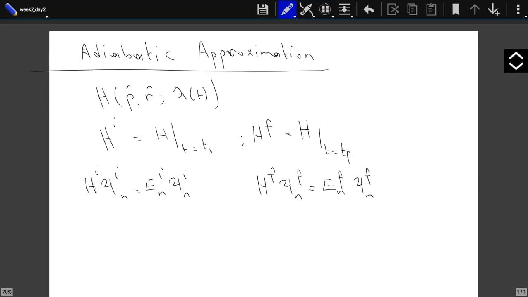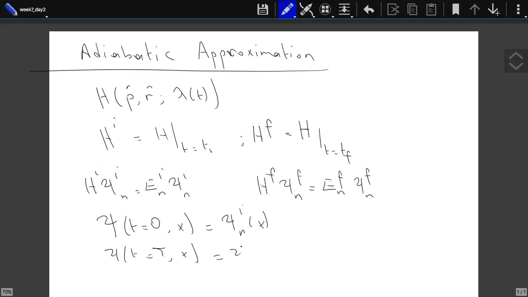Now, if there is a state psi that at t equal to 0, psi(x) is equal to psi_n^i(x), now psi_n^i, not t, x, we will prove that psi at t equal to large T, psi(x), is equal to psi_n^f(x), up to some phase.